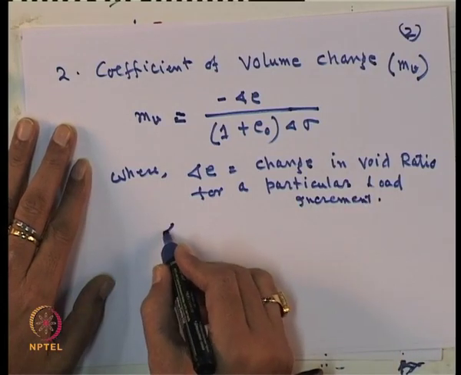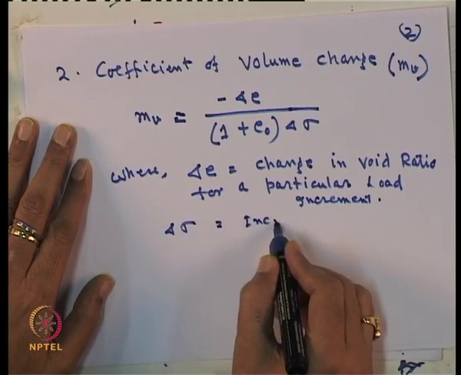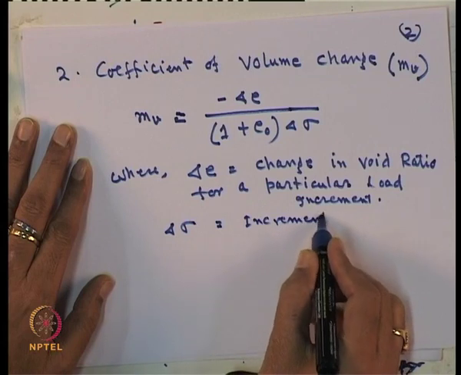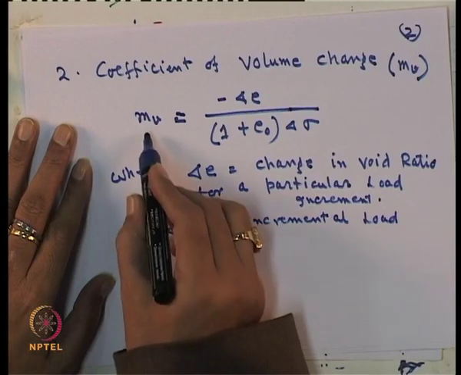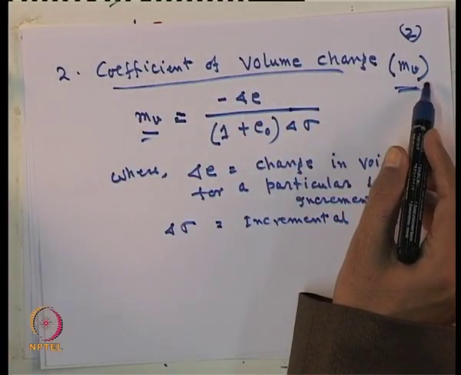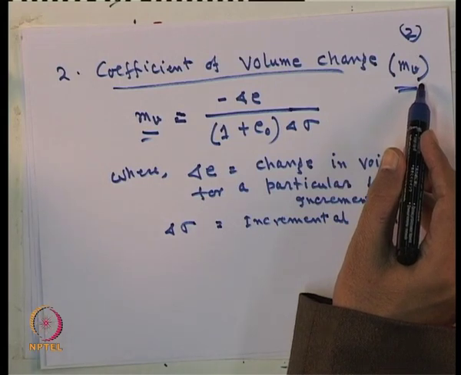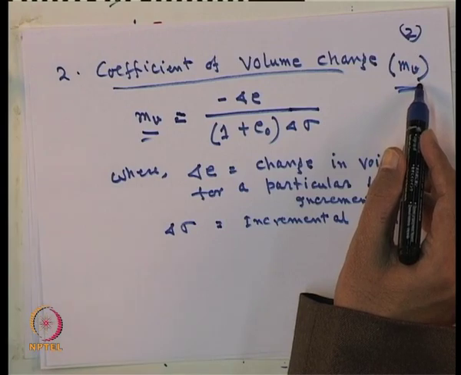And delta sigma is equal to the incremental load. So, this term, coefficient of volume compressibility, is very important. That is designated as mv, and you should know what mv is.